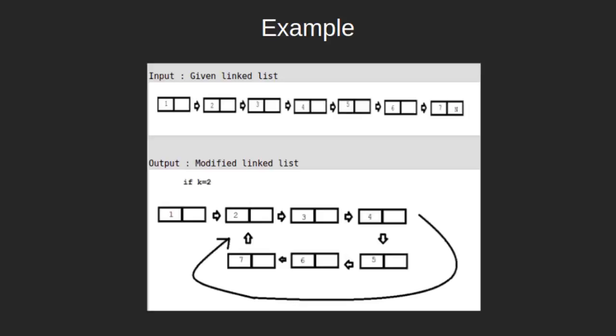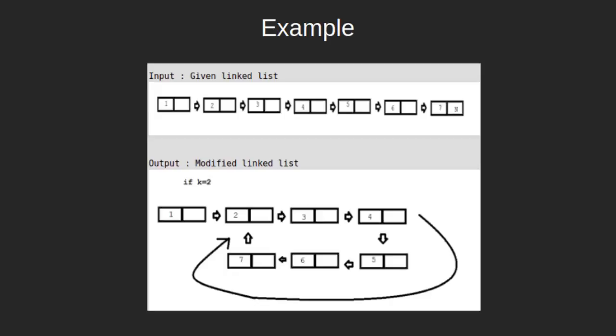So, we are given a linked list as 1, 2, 3, 4, 5, 6, 7 and the value of k is given as 2, meaning we have to make a loop at the second position of the linked list.